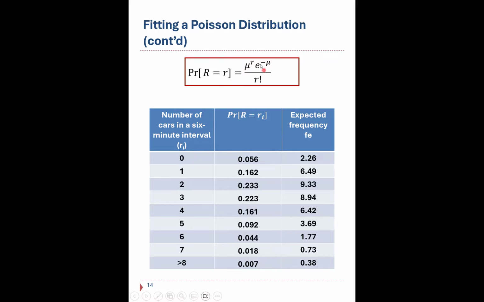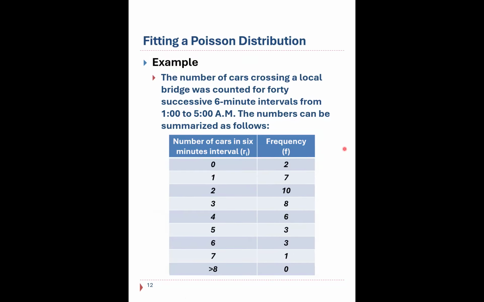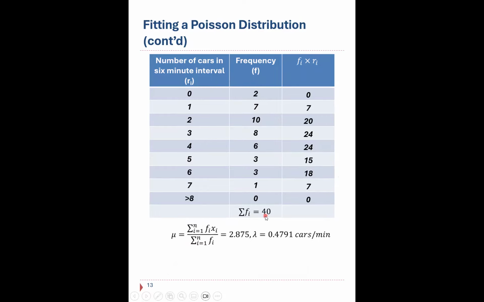With this formula, we will calculate the probabilities of R at R values, probability R equal to Ri. This can be generated by the Poisson formula. And to generate the expected frequency, each probability will be simply multiplied by the total number of observations in the whole 4 hours of activity, from 1 to 5. I found that these were 40 intervals, right? So, yes, this is where 40.